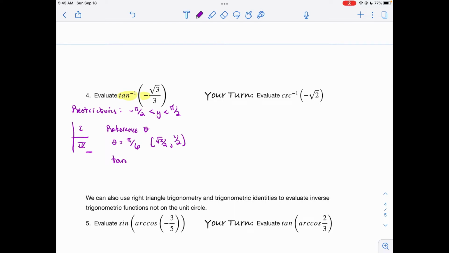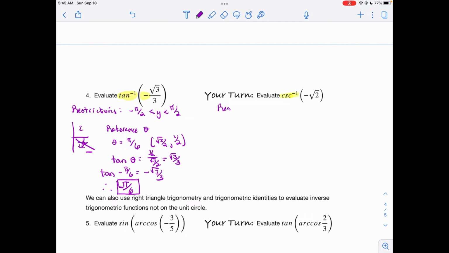And remember, tangent is sine over cosine. So that's going to be 1/2 over square root of 3 over 2. And if I flip that bottom fraction and multiply, I get square root of 3 over 3. But I don't want it in quadrant 1. I want it in quadrant 4. So that means I need to negate it. And so our answer is going to be negative pi over 6.